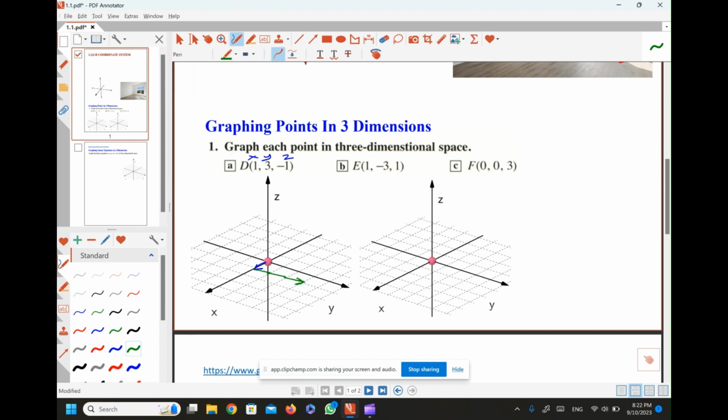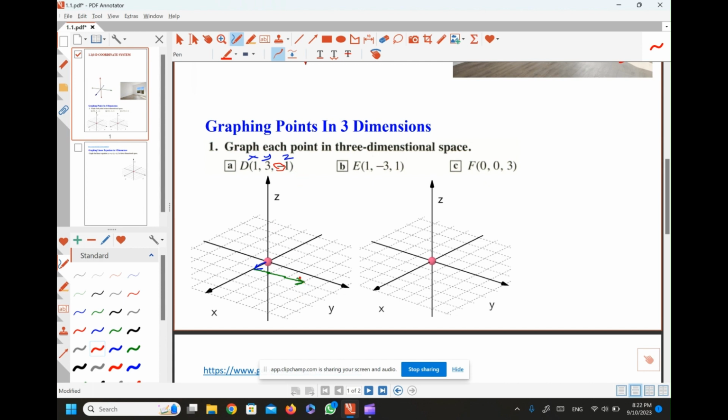Now it's time to go along the z-axis. What is the number in the z coordinate? It is negative 1. Since the number is negative, we should go along the negative z-axis. Your z-axis is going up, but our number is negative, so we should go down, the opposite z direction.